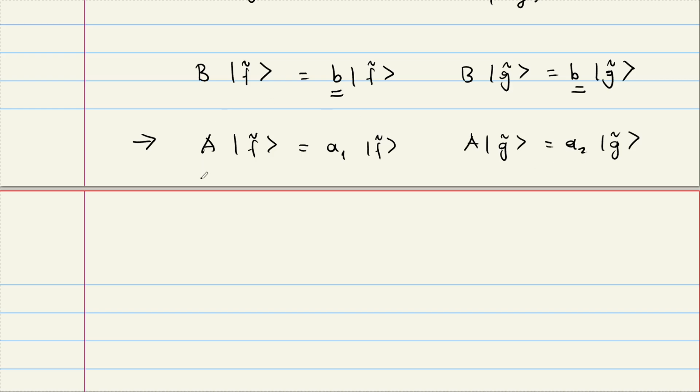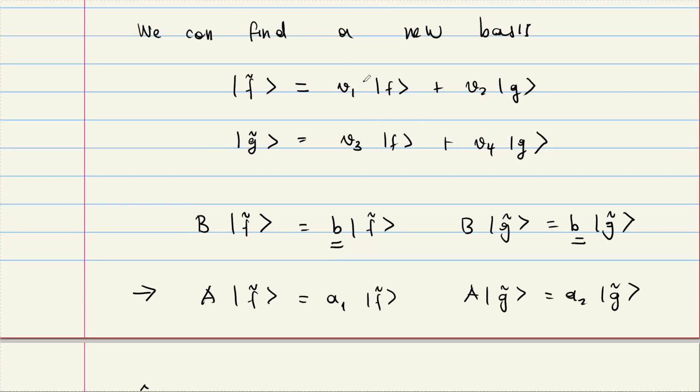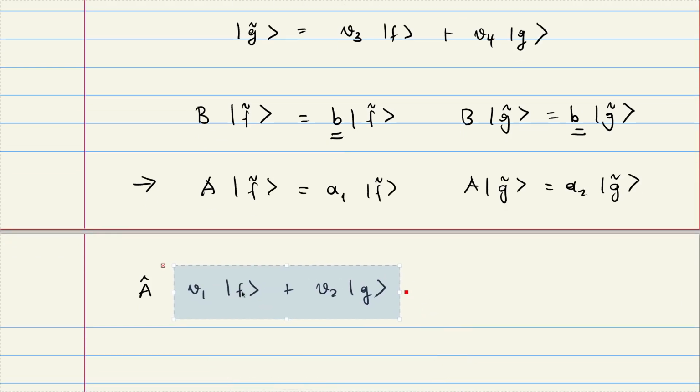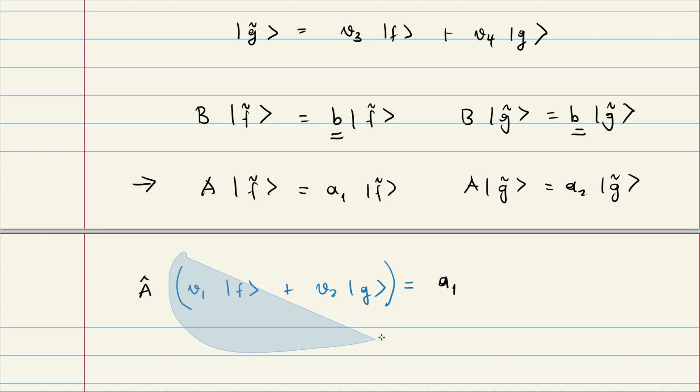So let me write this: A as an operator acting on F tilde. And what is F tilde? F tilde is defined here. This should be equal to A1 times the same thing, F tilde.